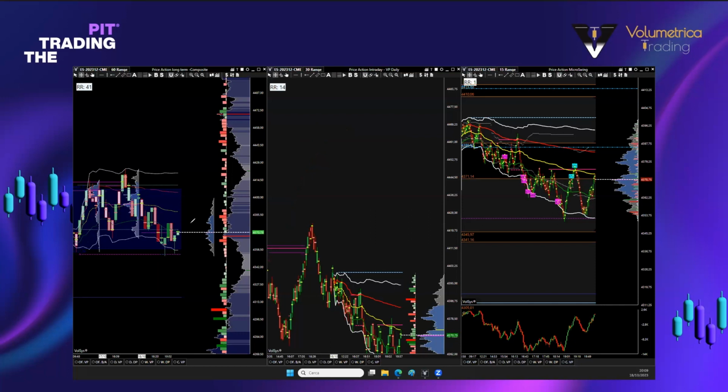Well, first of all, we can see absorption as the word would suggest. We have absorption when we basically have a strong effort on a level.